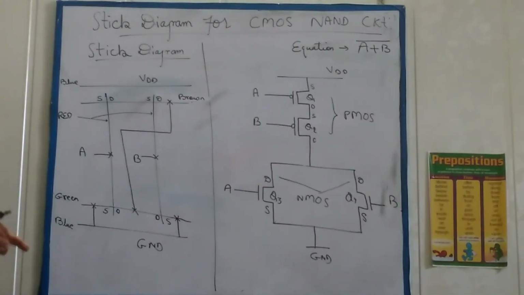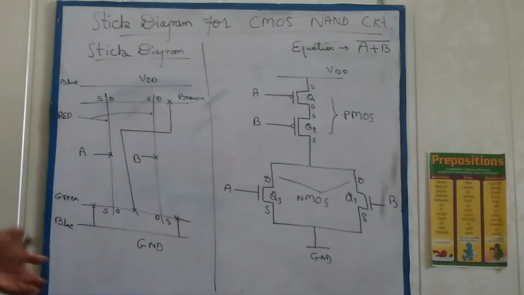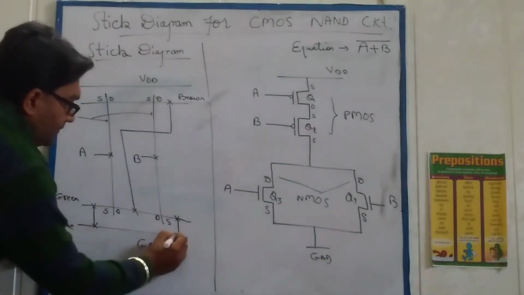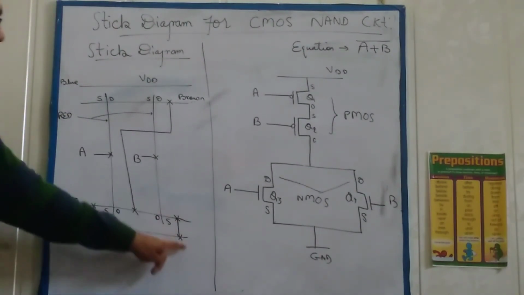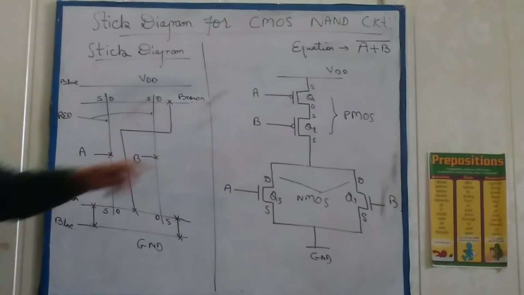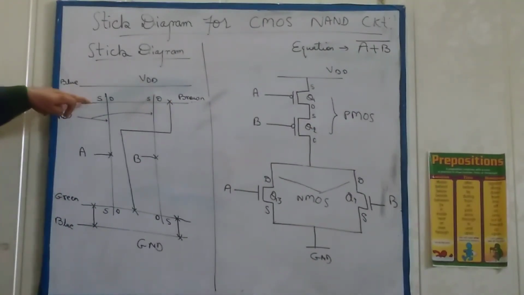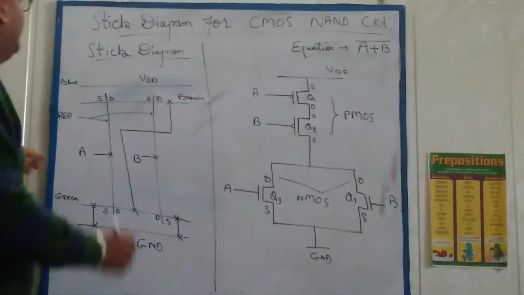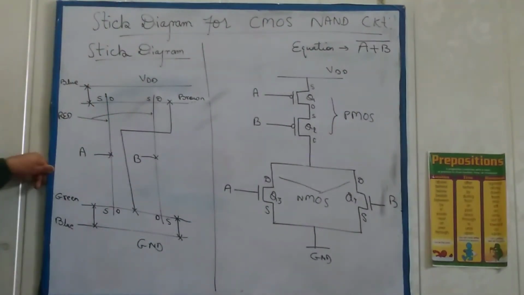The sources of both the NMOS transistors are connected to ground. For each connection, you have to show a cross. Similarly, the source of A is this. Source of A is connected with the VDD, right?